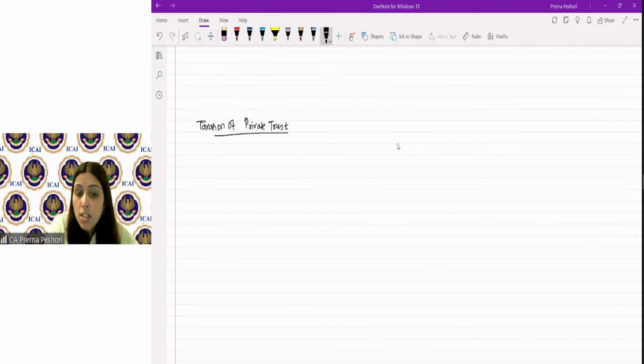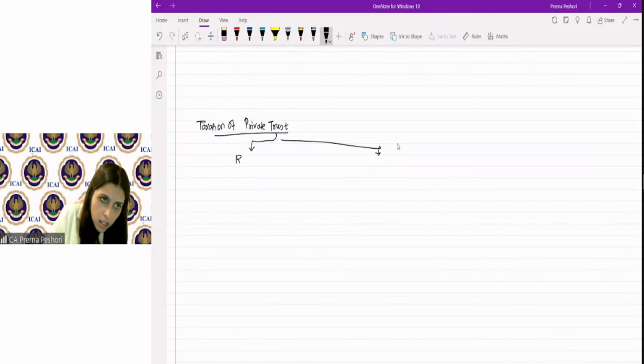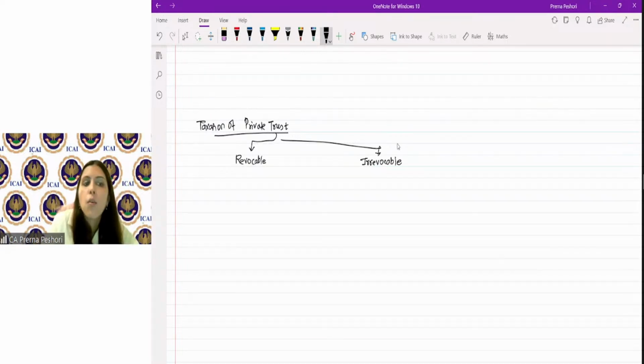The private trust can be of 2 types: revocable and irrevocable. What do we understand by a revocable trust? You have already done that as a part of your clubbing of income chapter. You would have done the revocable and irrevocable trust. What is a revocable trust? Yes, students.